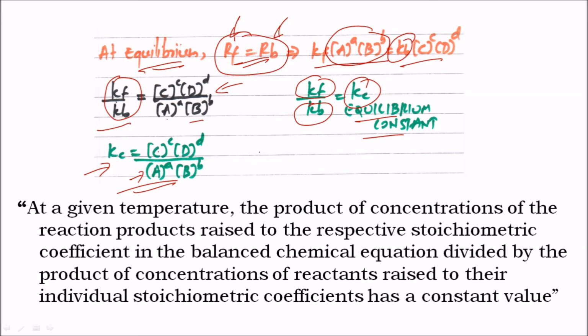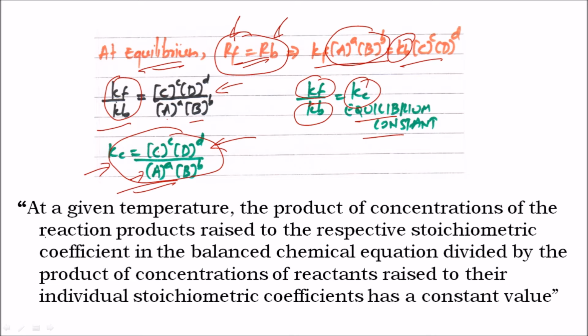Now we can take the law of chemical equilibrium, which is nothing but the definition of equilibrium constant. You can see in the equilibrium constant, in the numerator we got C and D, the products, in the case of the forward reaction, and A and B are reactants.